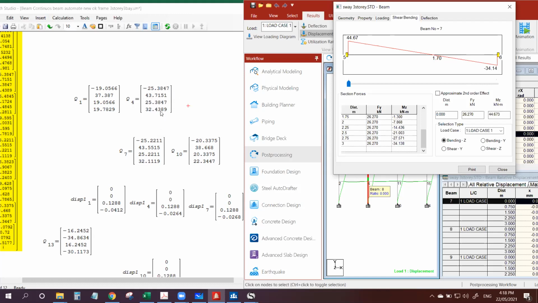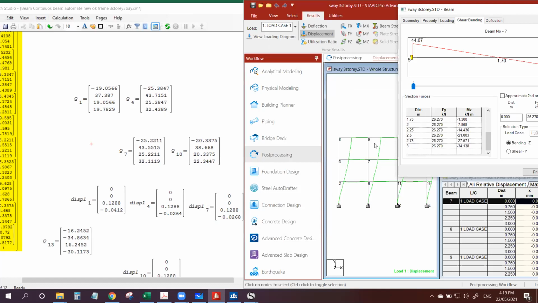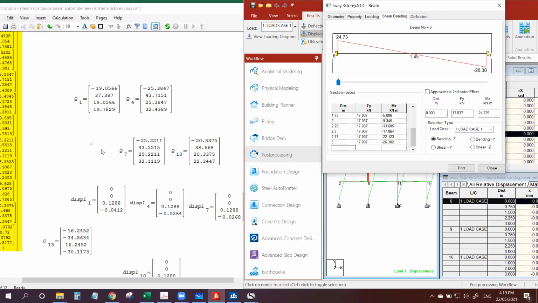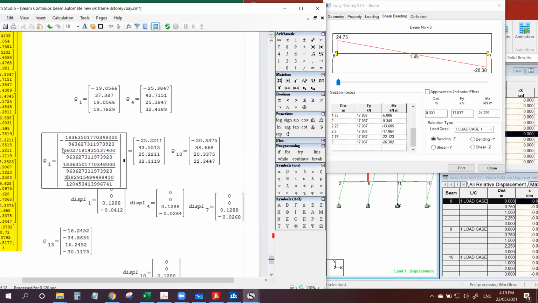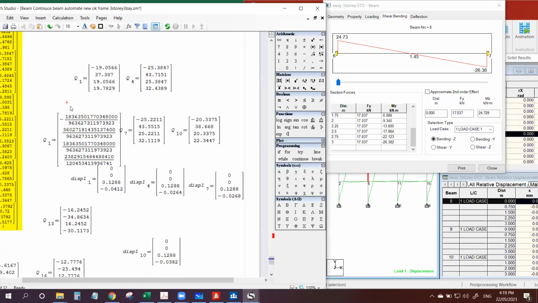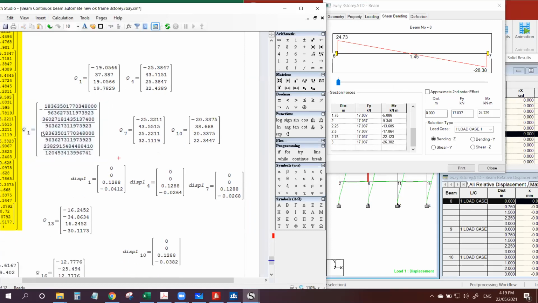Okay. For example, let's try to find this one. Member 5. I'll sample member 5. So I'll copy this, then paste. I'll make this 5.